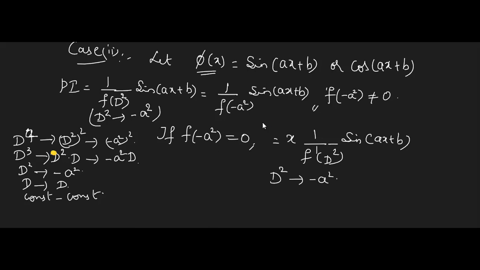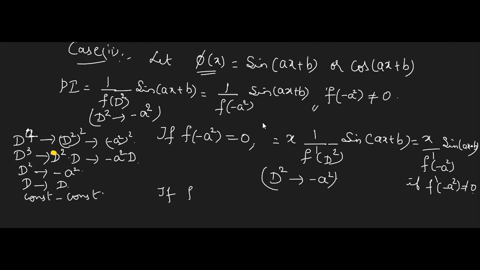So when do we have to replace it? Replacement has to be done whenever it is not reducing to 0. This is my answer if f dash of minus a square is not equal to 0.